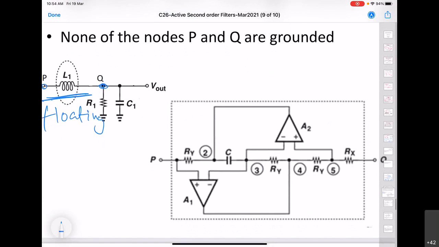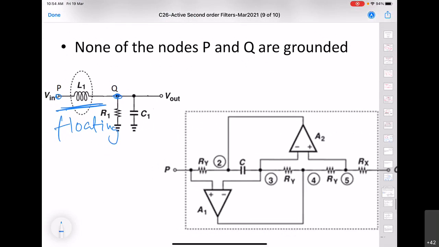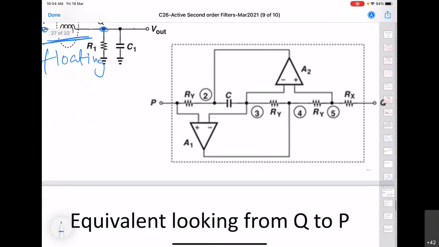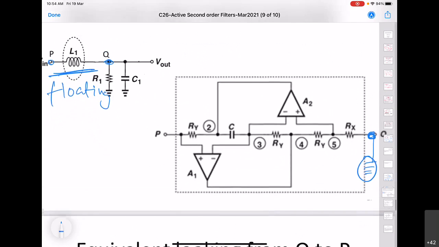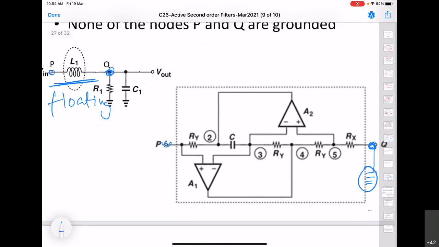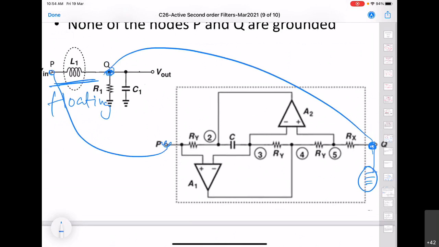So in this case, we cannot use the Antonio inductor to substitute this L, because what we had done earlier is we had grounded this one. So if you directly try to connect this Q to this Q and this P to here to replace this inductor, this circuit is not going to work.